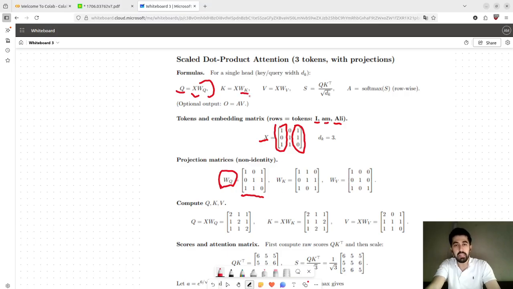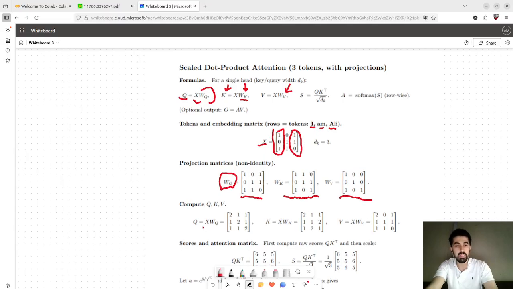Same for WK. WK is a neural network learned by our model via gradient descent, and it basically gives us a key. So WK, when multiplied by X, gives us a key. Let's say we got this WK. Same for WV. It's a neural network that, when multiplied by our paragraph, gives us the value. Let's say we got this WV. So we calculate Q as XWQ.